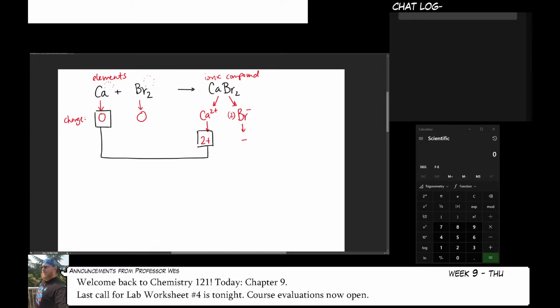So what happened to calcium here? And what happened to bromine? Before, calcium had a charge of 0. Now it has a charge of +2. To get to that, calcium lost 2 electrons, and so we would say that calcium was oxidized.